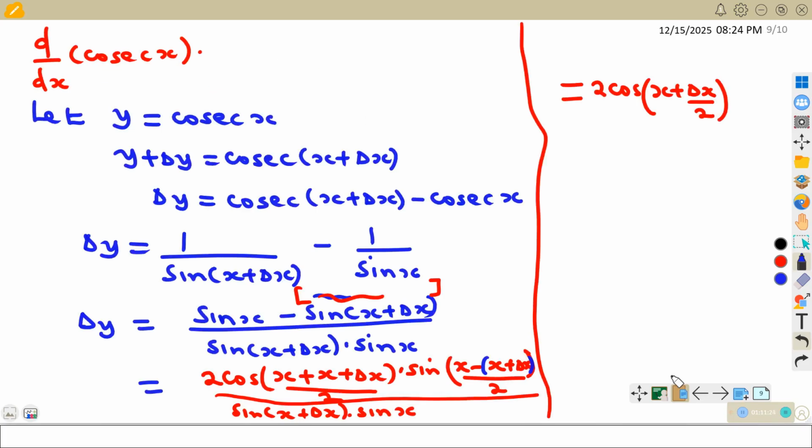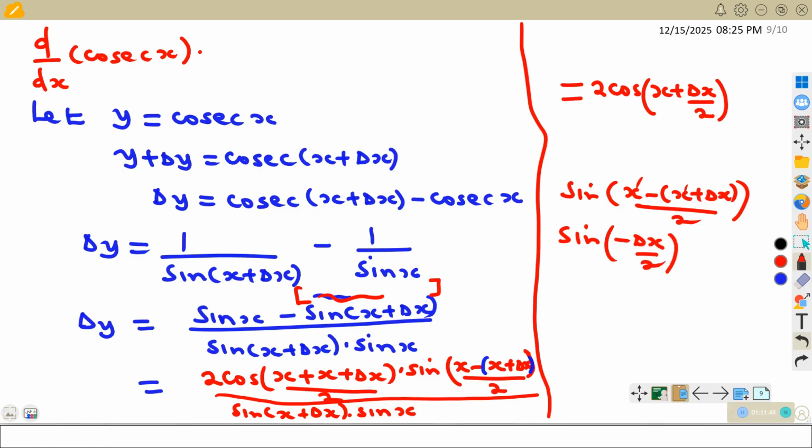Then here, this is sine of x minus x plus delta x, but the whole of this is divided by 2. So this x will cancel, and we remain with negative delta x divided by 2.